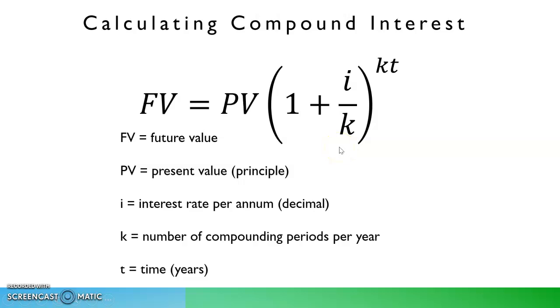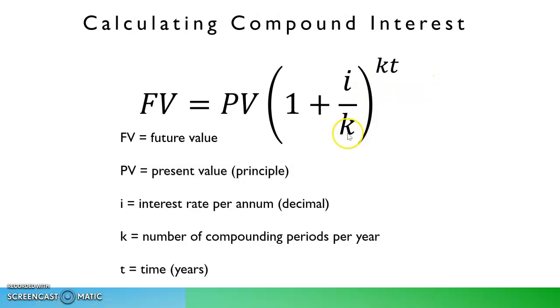K is an interesting one, and basically it means the number of compounding periods per year. So when you've got different sort of interest setups or conditions with your bank, sometimes it's compounded multiple times a year. So if your interest is compounded annually, that means it's compounded once per year.